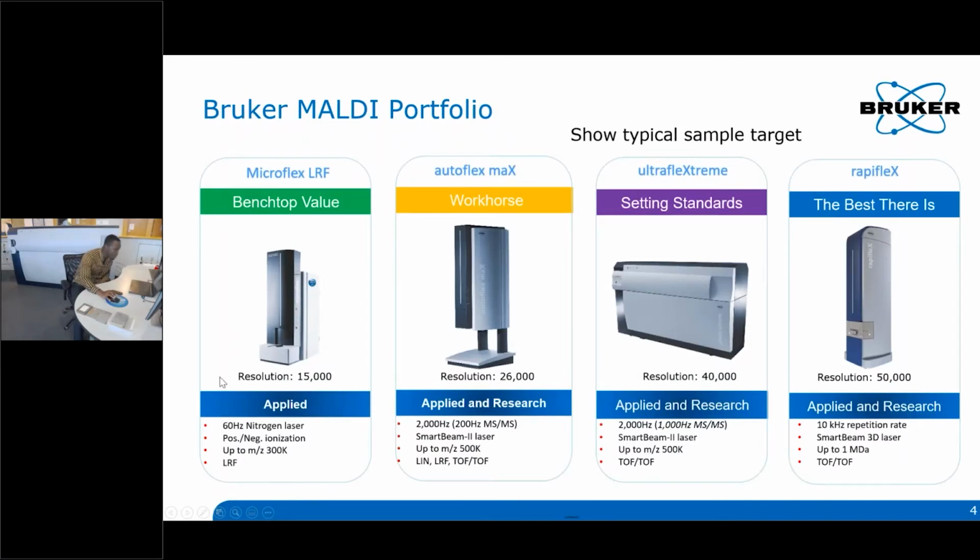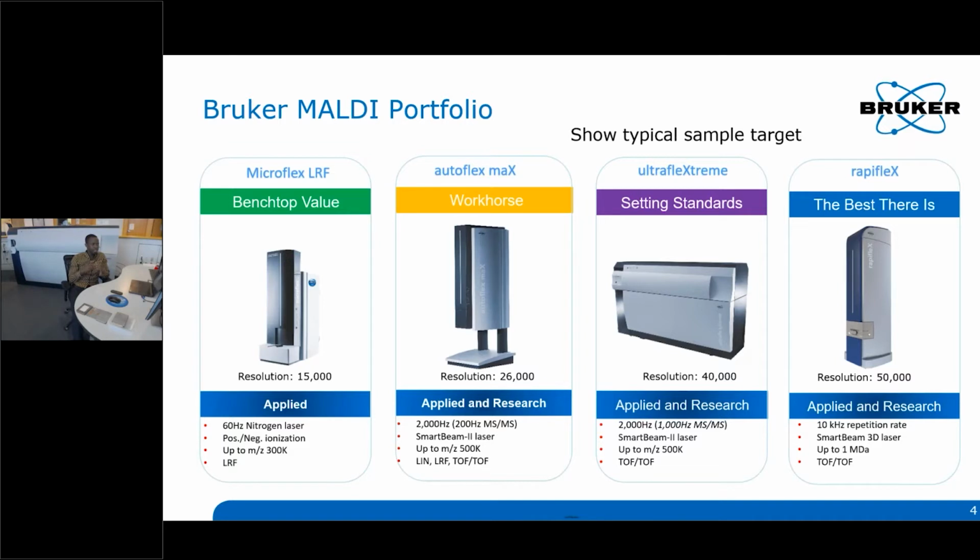And here at Bruker, we have 3 levels of instrumentation. So instrument choice will depend on your application in a lab, what you're using it for, what you need it for. At the entry level, we have our benchtop microflex LRF, and this is a great option for simple MALDI experiments, such as fast and easy QC of synthetic peptides, of oligonucleotides and other samples as well.